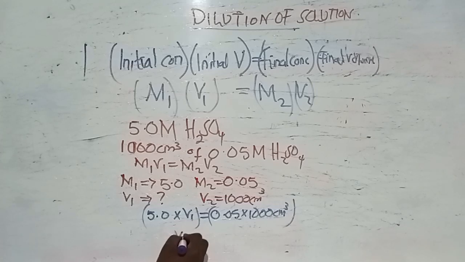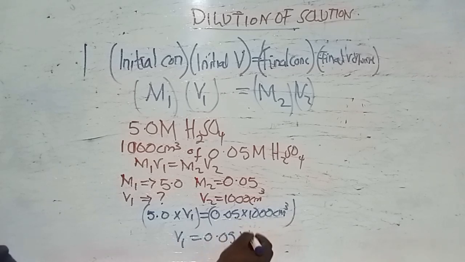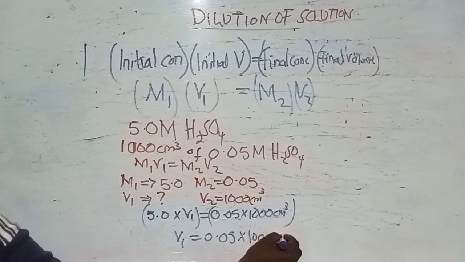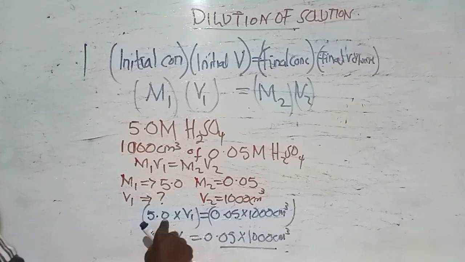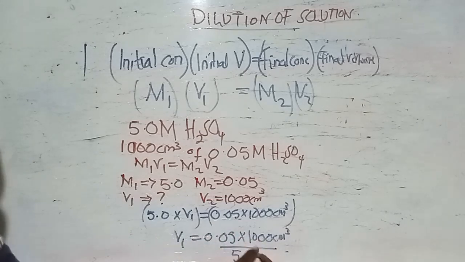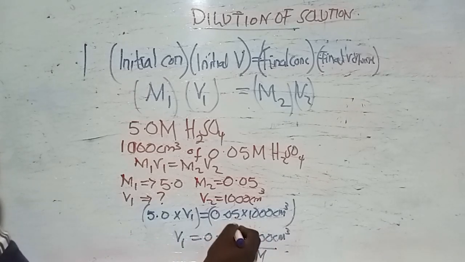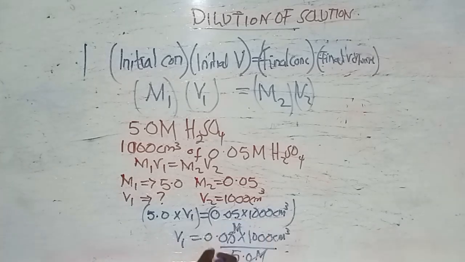We're going to have our V1 as 0.05 multiplied by 1,000 centimeters cubic, divided by 5.0. This is molar, so the molar and the molar cancels out, and you're going to remain with 10. The volume, or V1, is going to be 10 centimeters cubic.